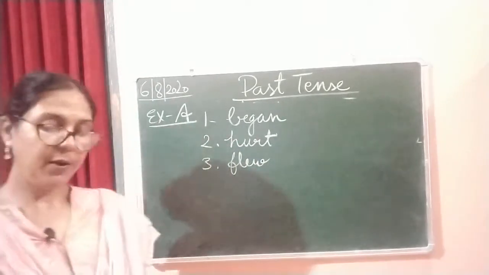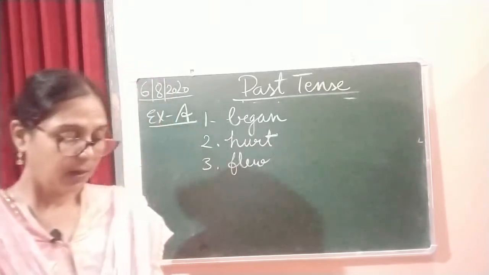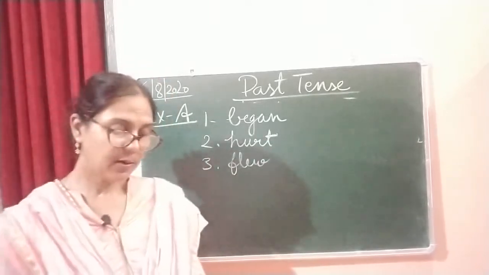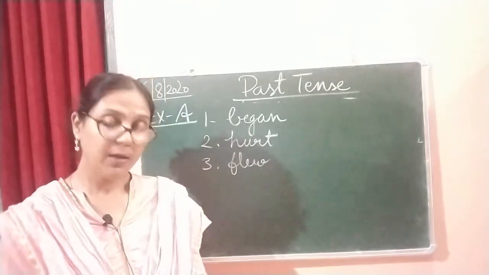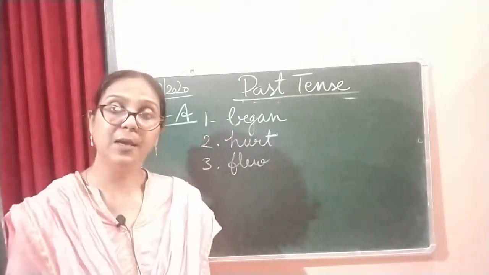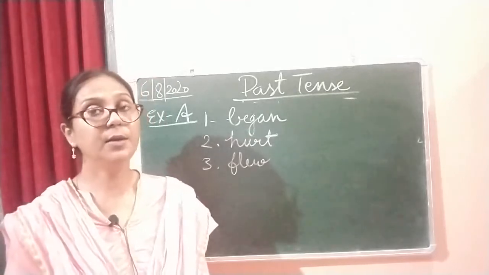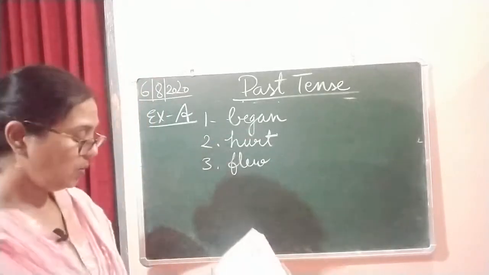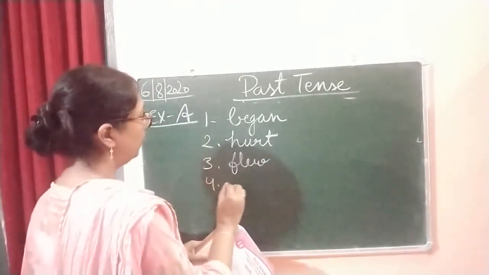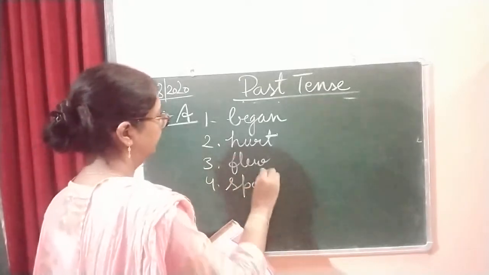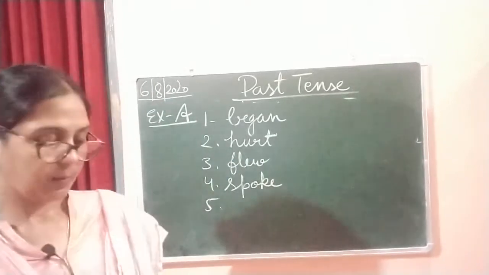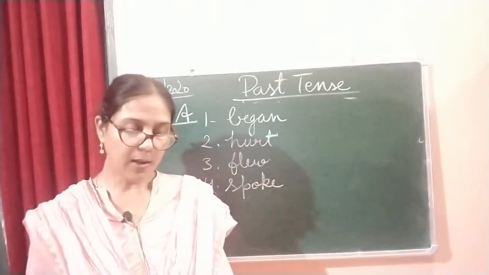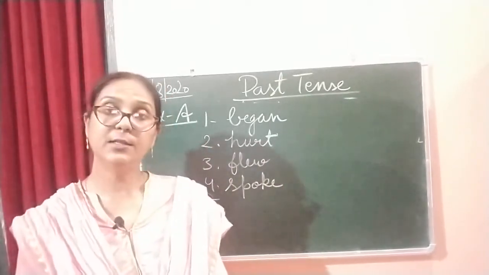The bird flew away. Now in fourth, my cousin dash French fluently. In bracket it is given speak. So the second form of the verb is spoke. So now we are going to write spoke. In number 5, the ball dash down the stairs.